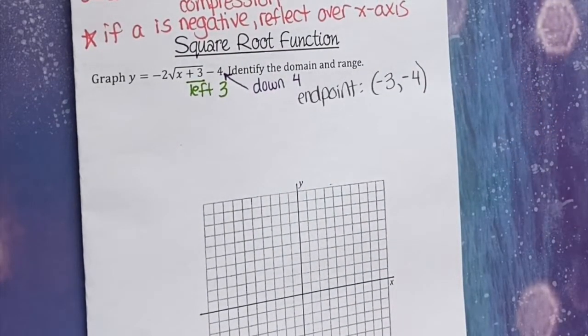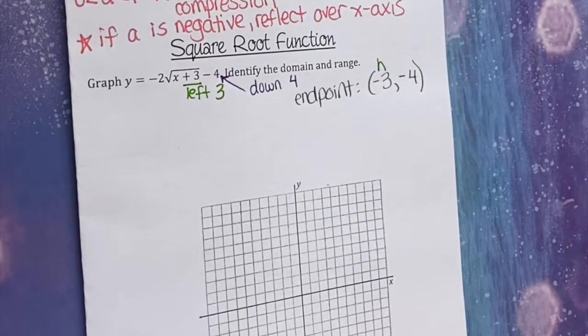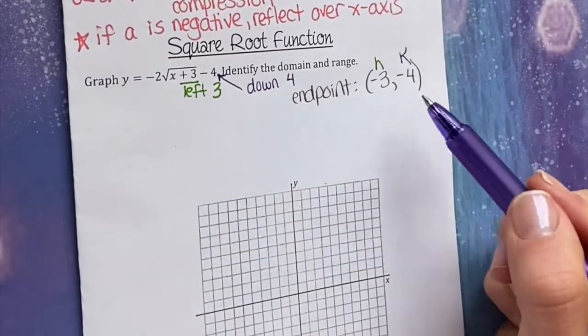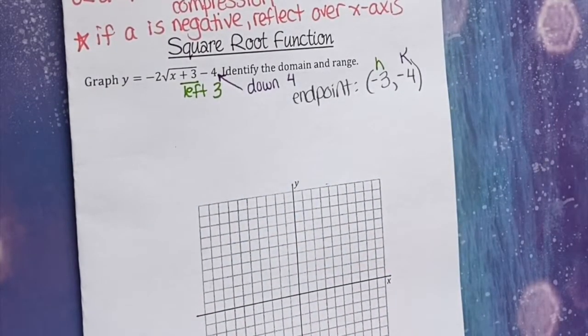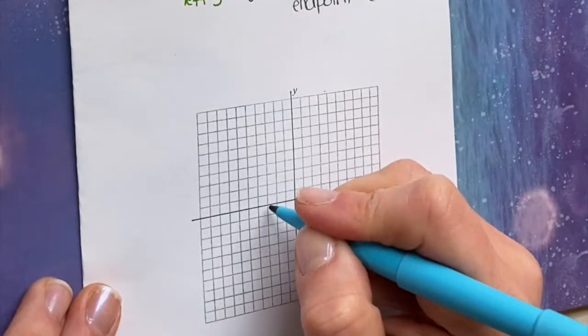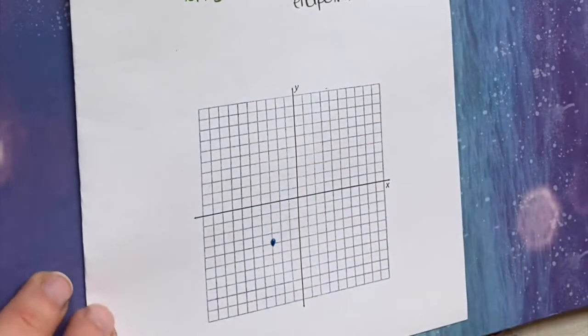So remember, H and K give you your endpoint for the graph. So this gives us also a starting point for our table of values. So I'm actually going to plot that point. So -3, -4.